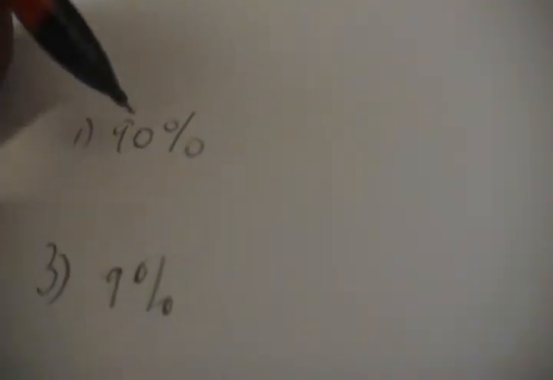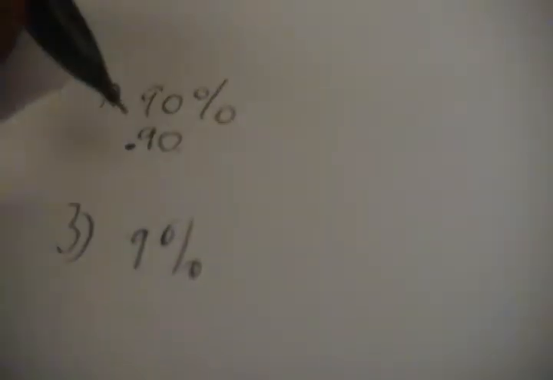When you have 90%, for example, we take the whole number 90, write that down, and then to convert this into a decimal, all we do is move to the left 2 times. So it's 1, 2. So it becomes 0.90. And that's all it is.